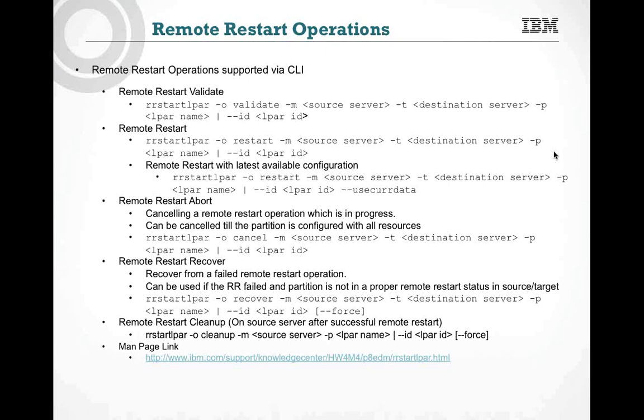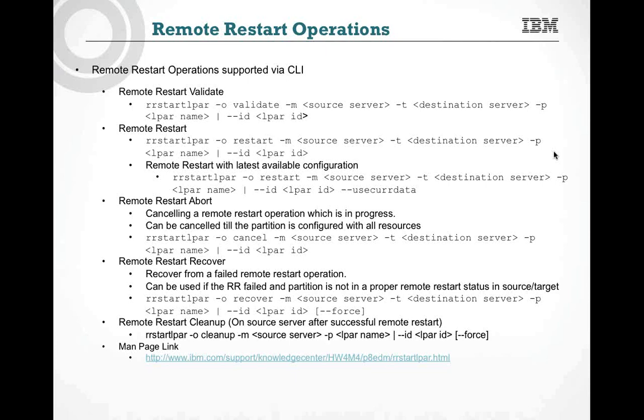I think the general rule is to always just use current data, and if they're out of sync, it'll do the right thing, and if they're in sync, it still does the right thing. So use current data, which is that last option on the restart -o restart. That's what most customers would do.